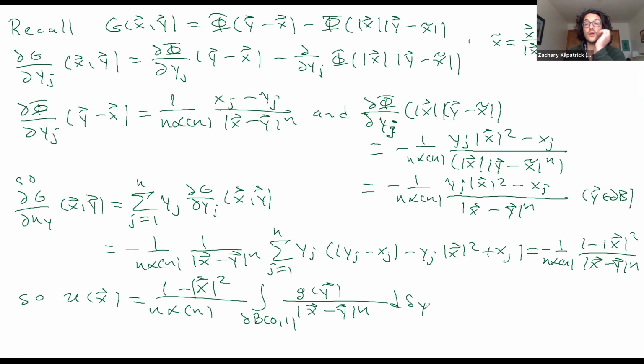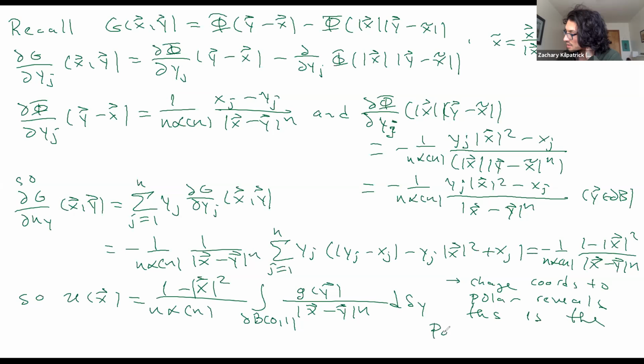And so if we were to change coordinates to polar, okay, essentially this reveals the Poisson kernel integrated with g in this case.